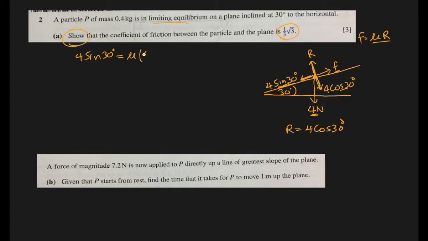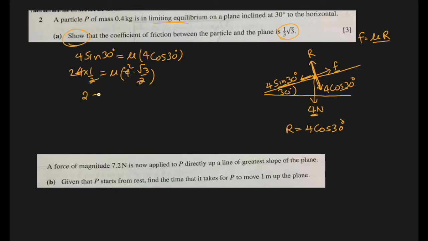So I will write here 4 cos 30. Now you can use your calculator to evaluate these. Sine 30 is half. So 4 times half equals mu times 4 cos 30, which is square root 3 over 2. Okay, so this cancels, this also cancels.